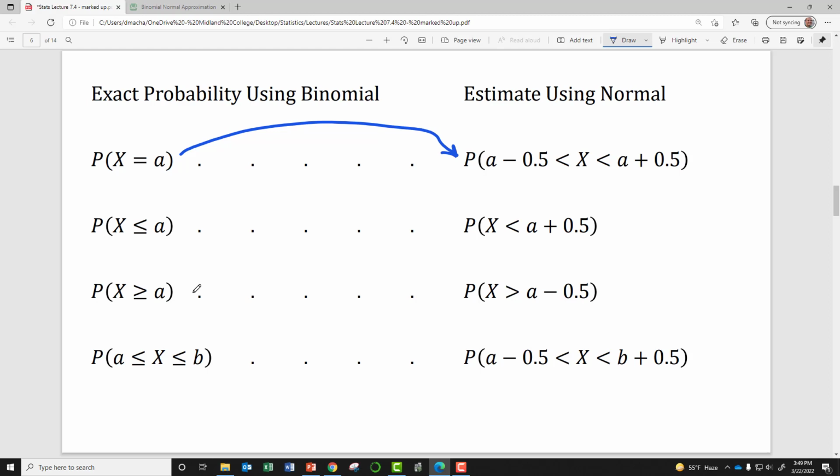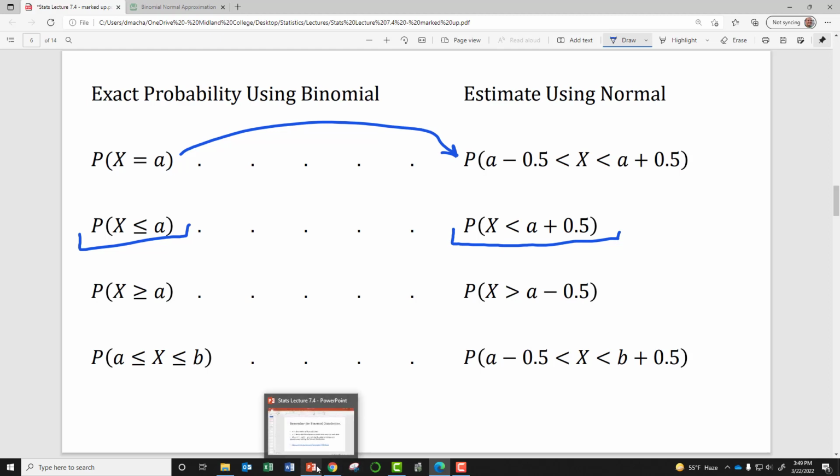Now, if you want the probability that x is less than or equal to some value a from the binomial distribution, we're going to use the probability that your random variable x is less than a plus a half, for exactly the same reason, right?